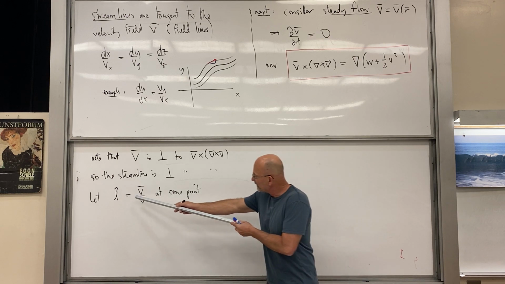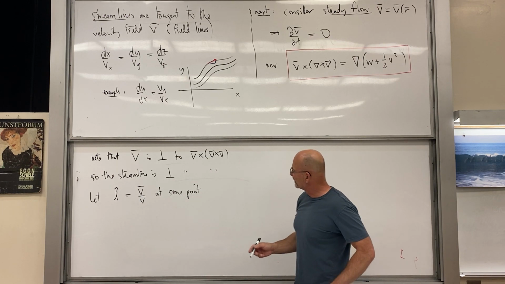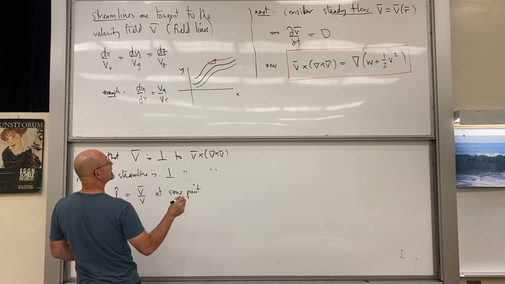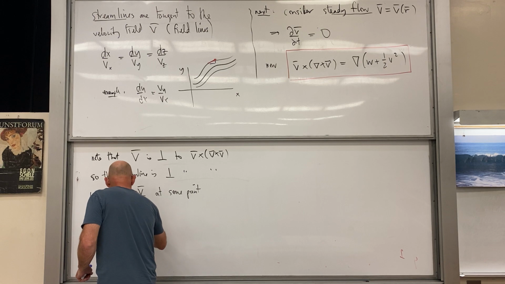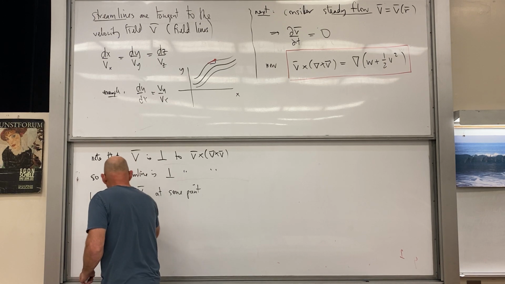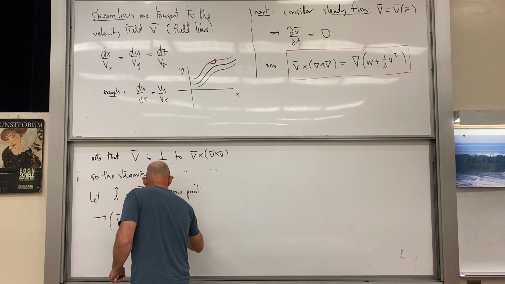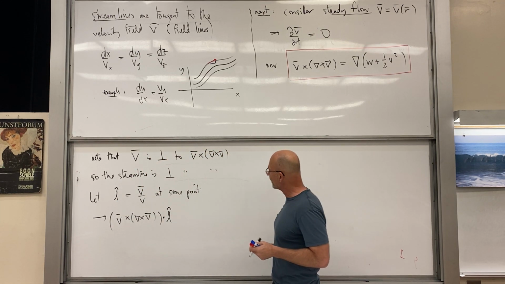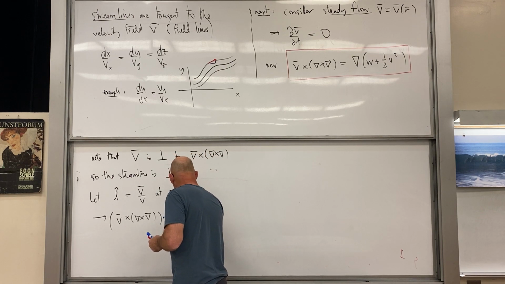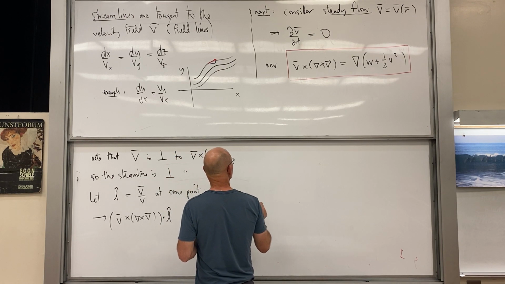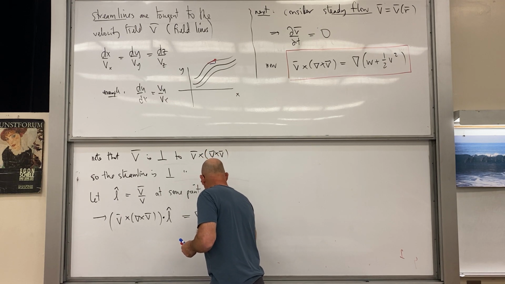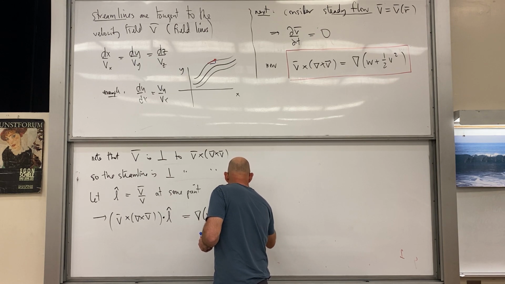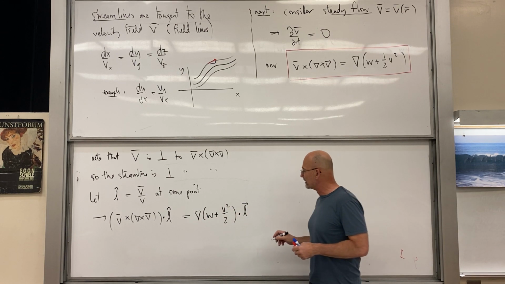Then if I dot this L hat into this expression, then I get the left side here, V cross curl of V dotted into this L hat, which is just a vector along the streamline, a little red arrow. That's going to be equal to 0. Which means the gradient of W plus V squared over 2 dotted into L hat must also be 0.